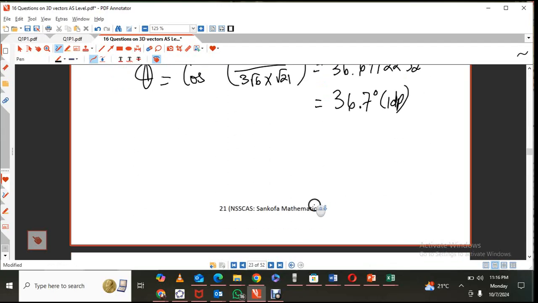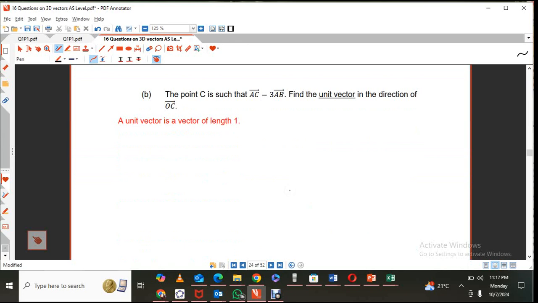All right, so the next one, the point C is such that AC is equal to 3AB. So let's work with AB first. AB is nothing but OB minus OA. Let's see, what is OB from our previous work?